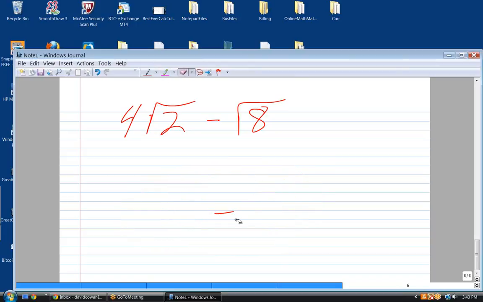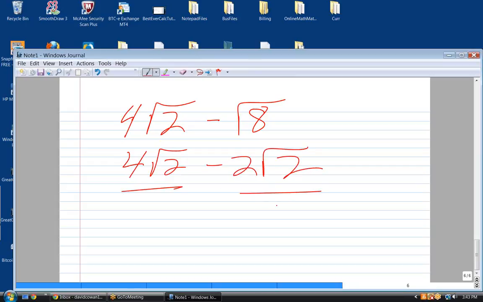However, they're asking us to subtract 4 apples and this thing over here, which may or may not be an apple. Can we simplify root 8? No. Well, yes, you could do 2 roots. Oh, that's pretty good because now we have 4 apples minus 2 apples. Oh, excellent. Okay.